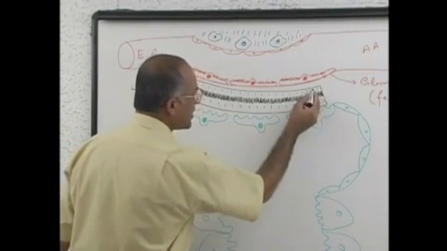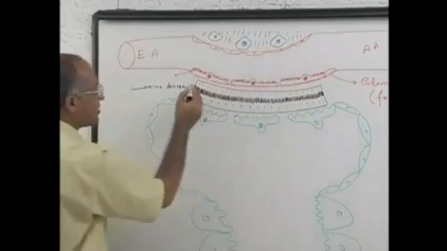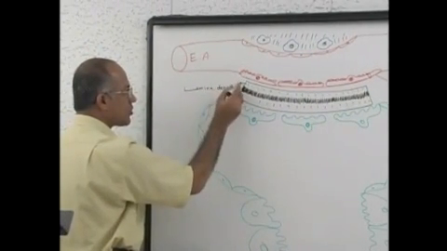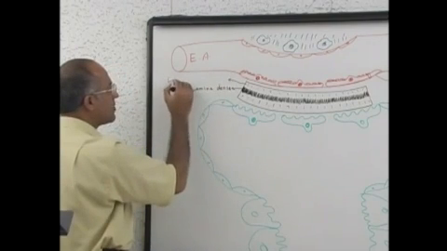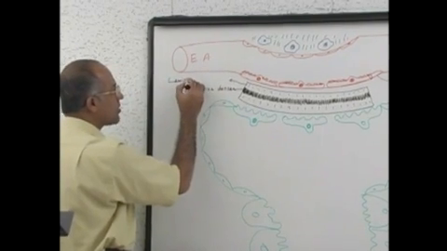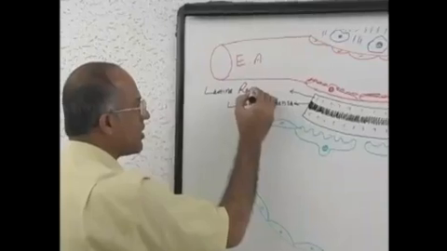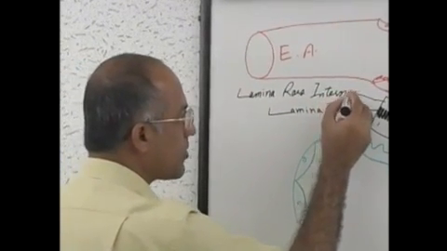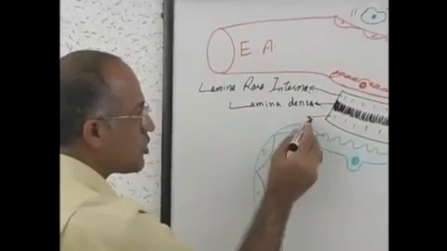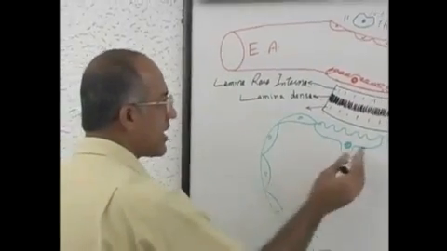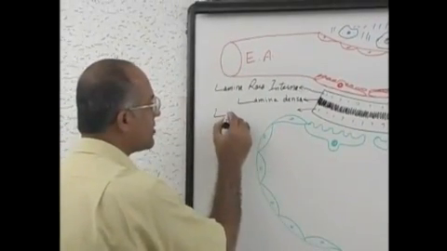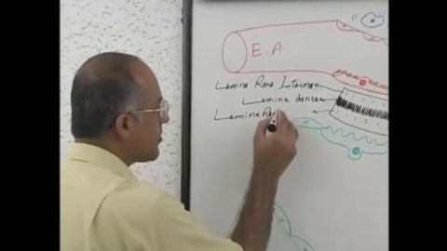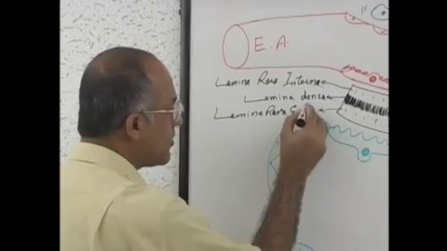And this lamina rara which is towards the capillary is called lamina rara interna. And this lamina rara which is towards the Bowman capsule or epithelial cells is called lamina rara externa.